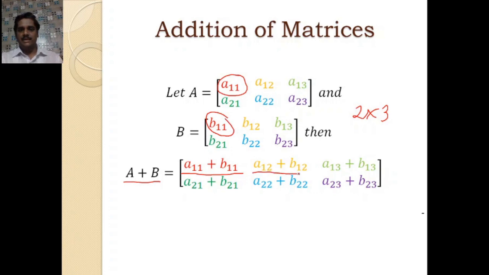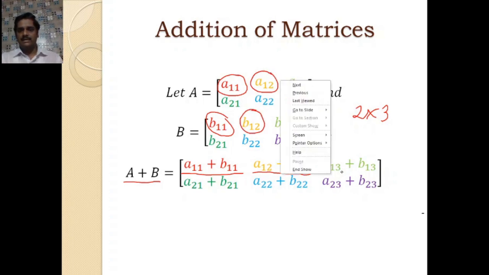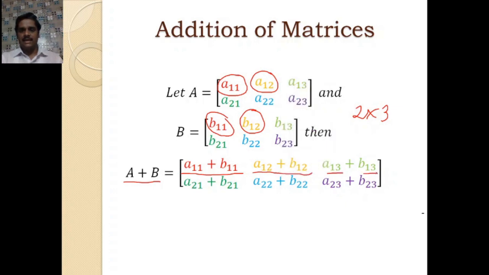Then the second element is A12 plus B12. You can see the elements with the same index get added. 22 added with 22, 23 added with 23, 21 added with 21, like that.